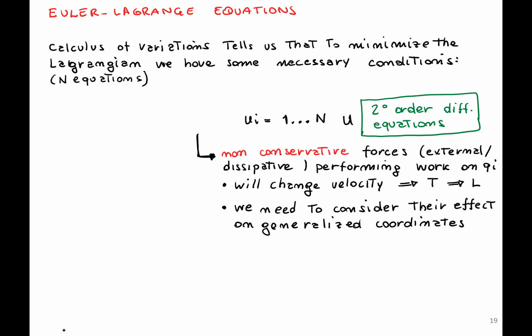We said that the principle is that the action minimizes the Lagrangian, and the Lagrange equation that minimizes the Lagrangian has this shape: d over dt of the partial derivative of the Lagrangian with respect to q dot, minus the partial derivative of the Lagrangian with respect to q.